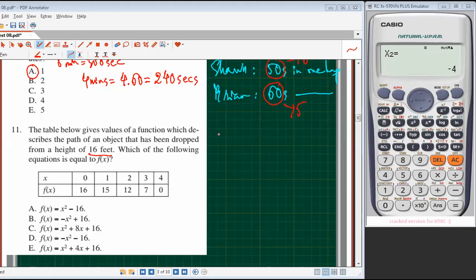Fs is a parabola, and the general form of parabola is y equal a times s squared plus bs plus c.